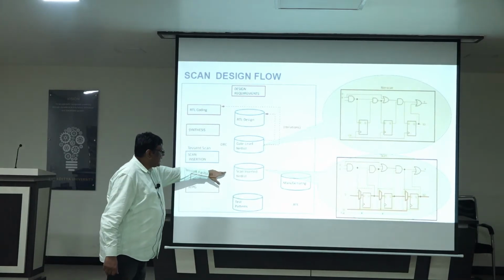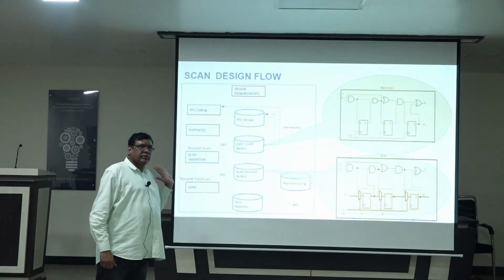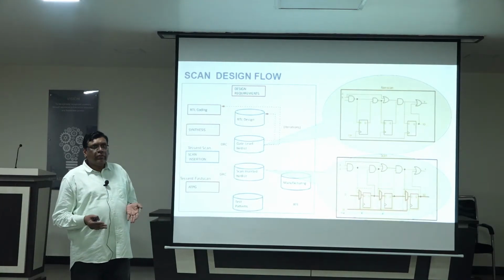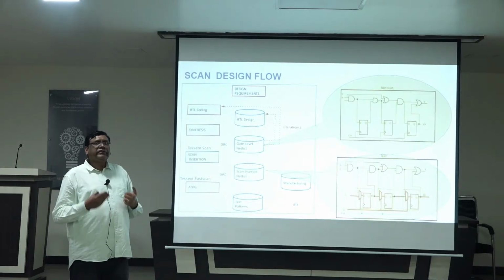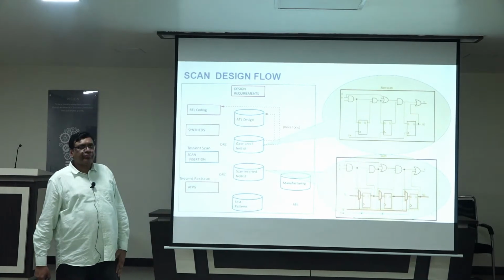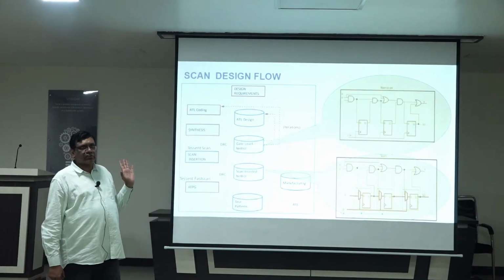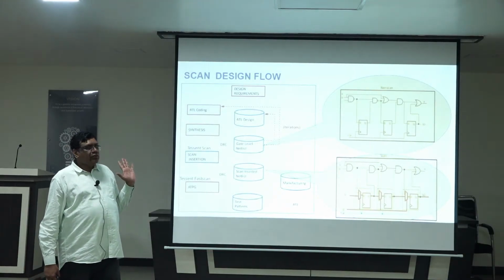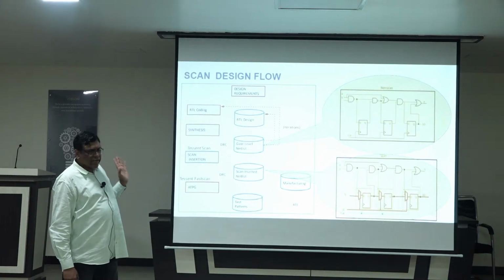After scan is inserted, we will perform ATPG; we have to generate the patterns. Those patterns will be the output of this scan process. So that is about the scan design.